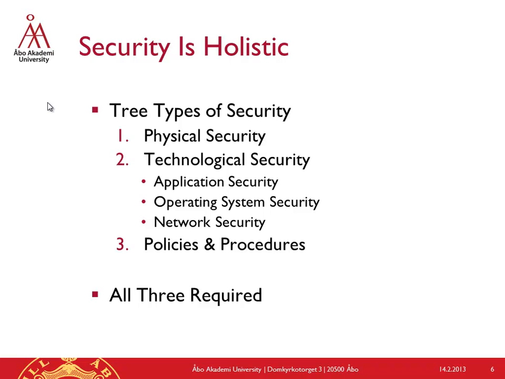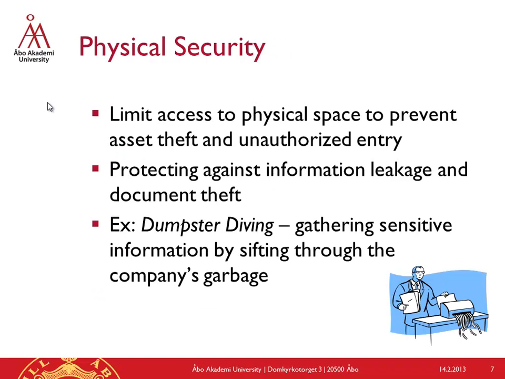That's why all three types of security are required. That's why security is holistic. You cannot say you implemented security completely if you use, for example, only technical security. You have to have all three types of security implemented correctly.